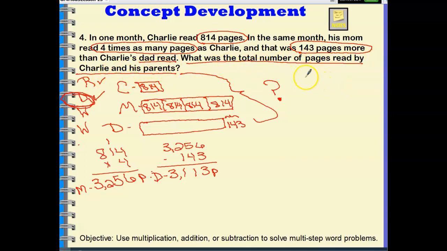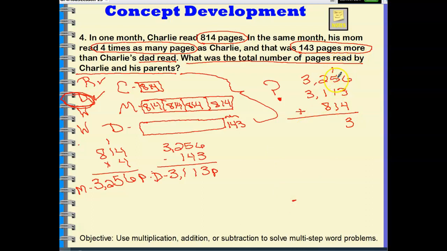So I'm going to have to take the amount that Mom read, which was 3,256 pages, and the amount that Dad read, which was 3,113 pages, and the amount that Charlie read, which is 814 pages. And I'm going to have to add all that together. So 6 plus 3 is 9, and 9 plus 4 is going to be 13. So I'm going to leave my 3 in the ones place, and I'm going to take my 10 over to the tens place.